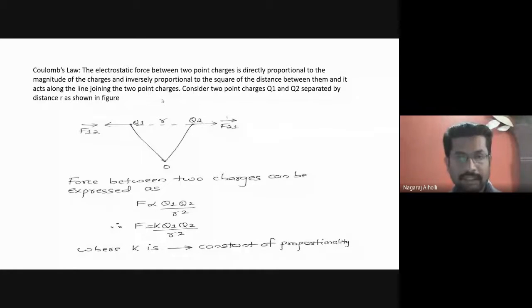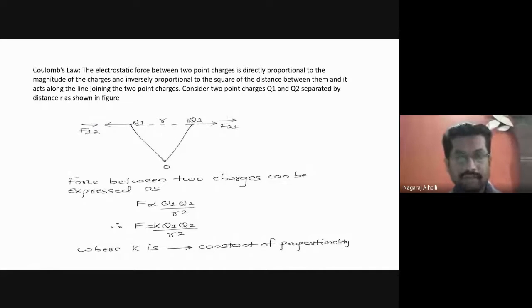Such a force is called the electrostatic force, and the law is called Coulomb's law.